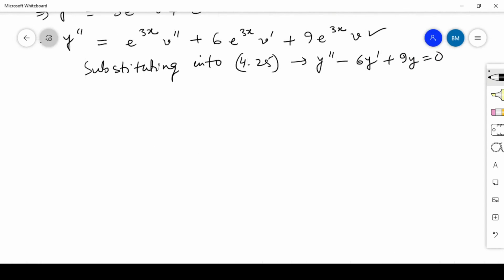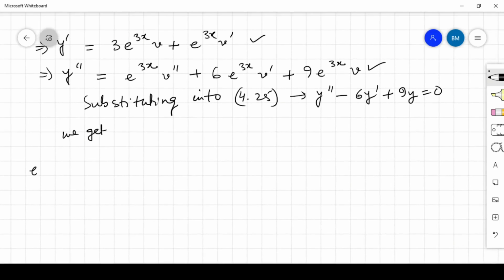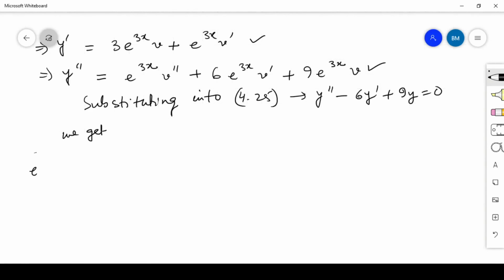we get e to the power 3x v double prime plus 6 e to the power 3x v prime plus 9 e to the power 3x v, and this is y double prime.